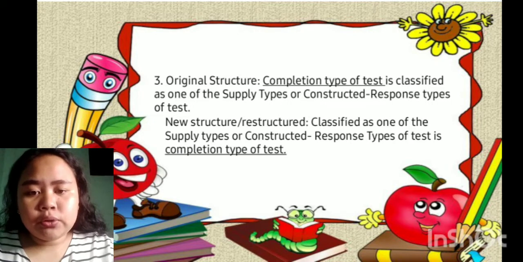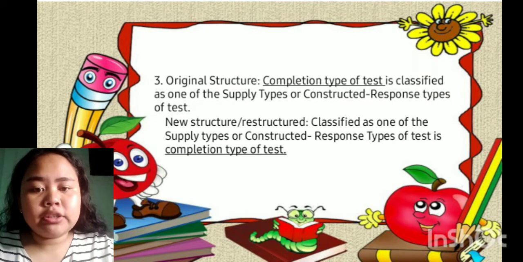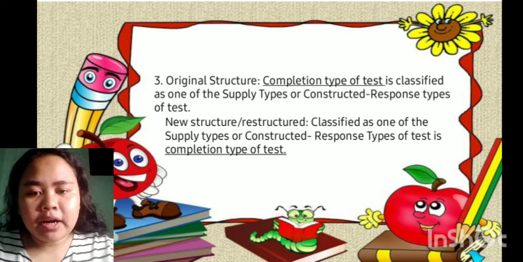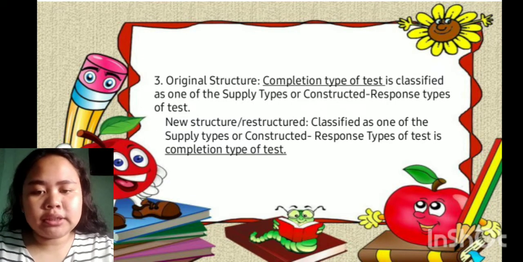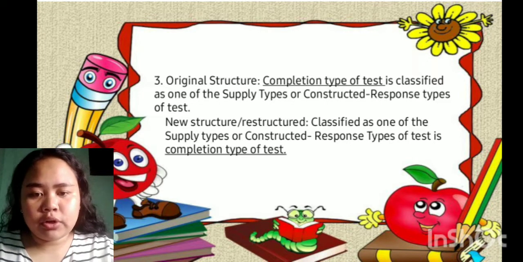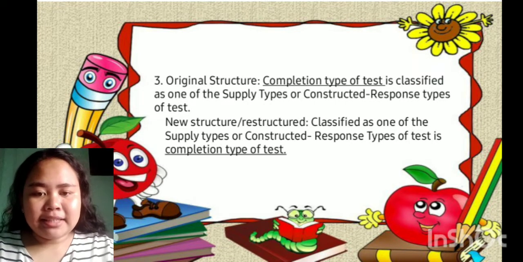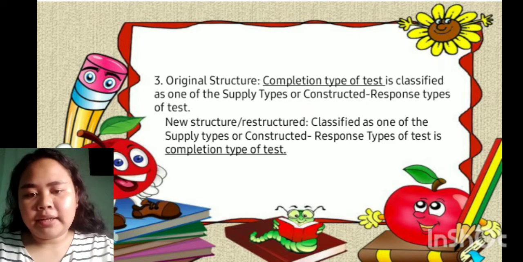In the restructured version, classified as one of the supply types or constructed response types of test is completion type of test. So the main idea or the answer in the new structure is at the end of the sentence or the test item.